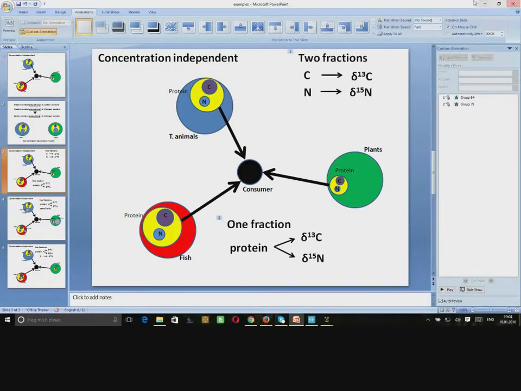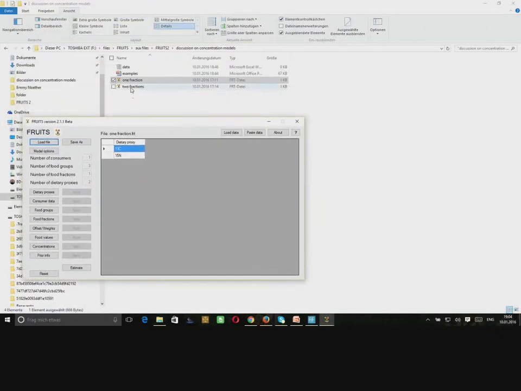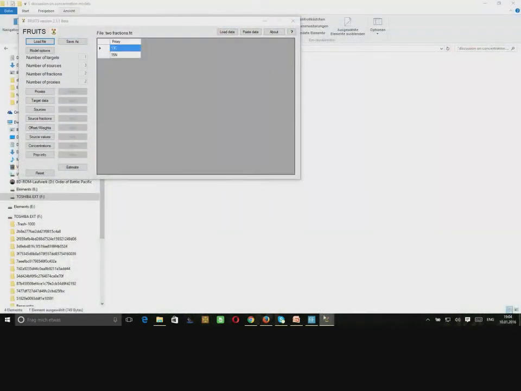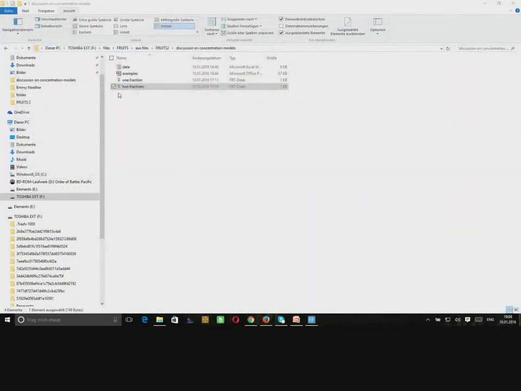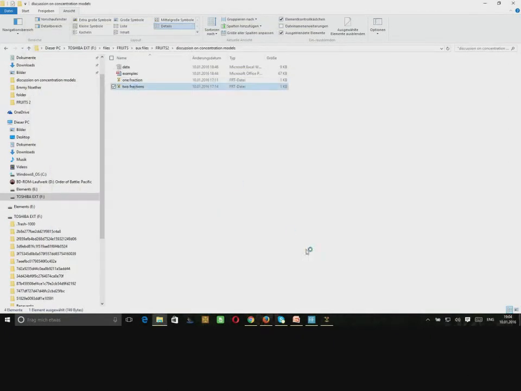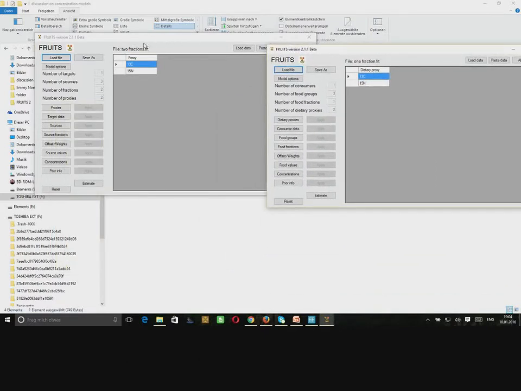So here I have the two models, with just one fraction and with two fractions. Okay, just a second here, I need to close these windows. I'm going to open here again with one fraction and with two fractions. Okay, so this is the one.